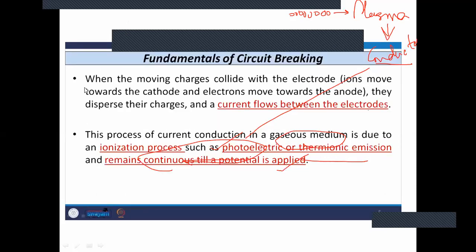Okay, so this is dangerous. When the moving charges collide with the electrodes, ions move towards the cathode and the electrons move towards the anode. Okay, these are the motions of the ions.